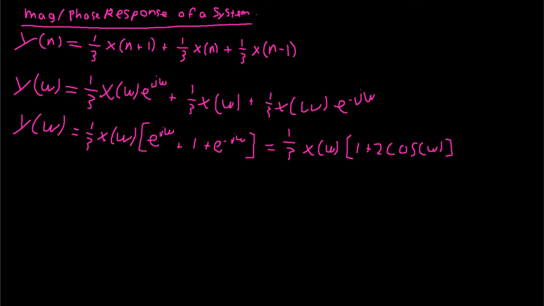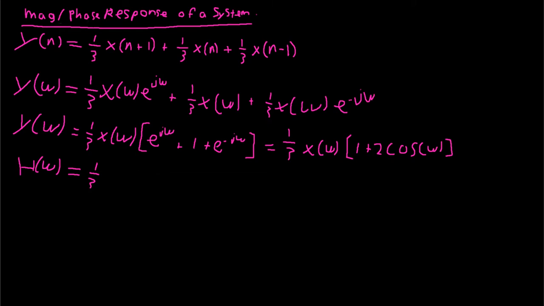Now, what we can do is divide both sides by X of w. We can get our transfer function H of w, which is going to be equal to 1/3 X of w. Actually, nope, the X of w is not going to be there. That's my bad.